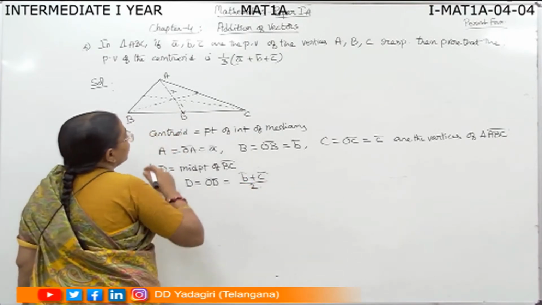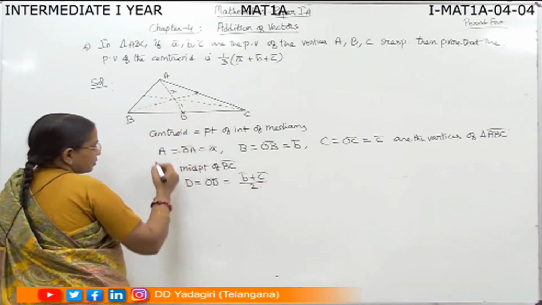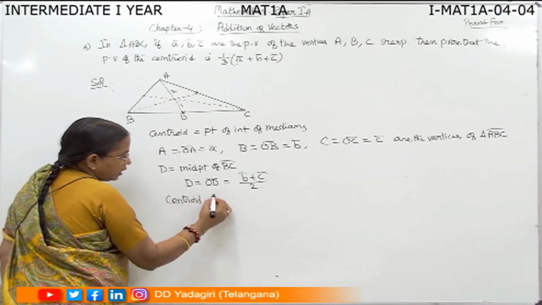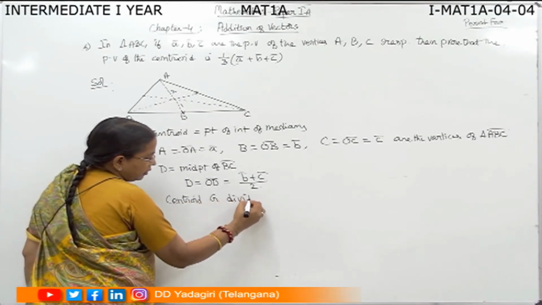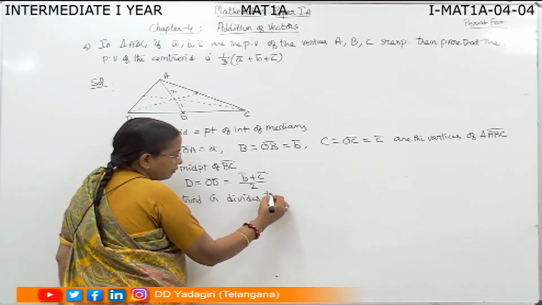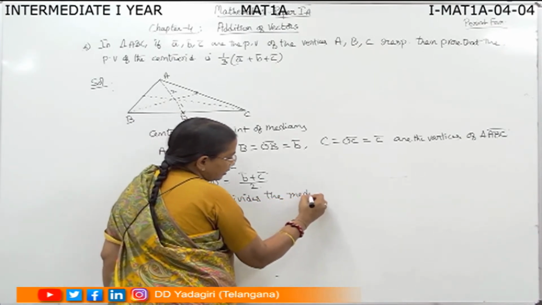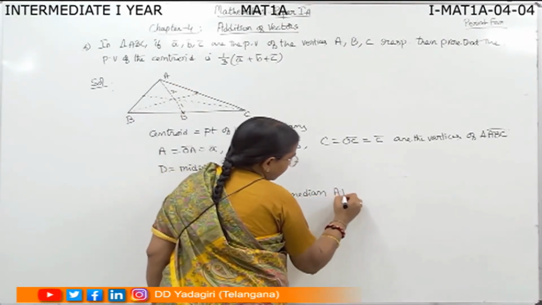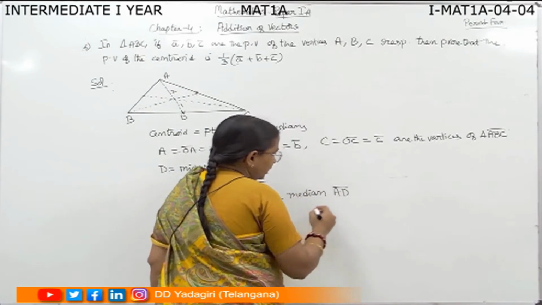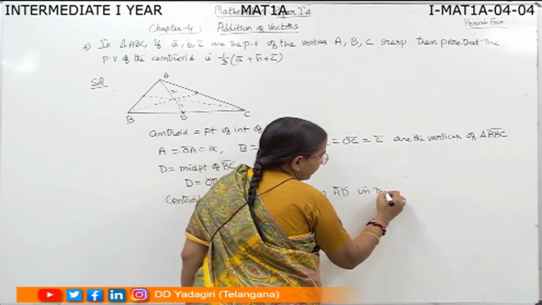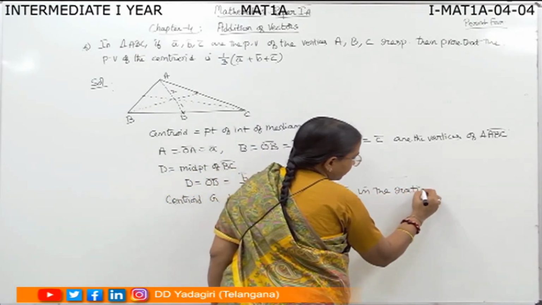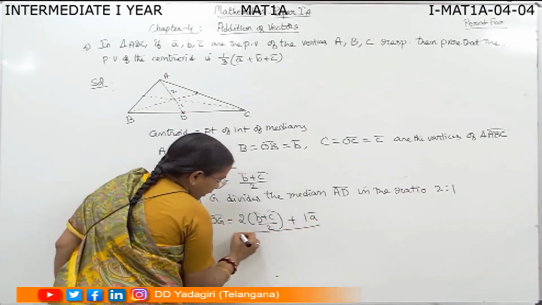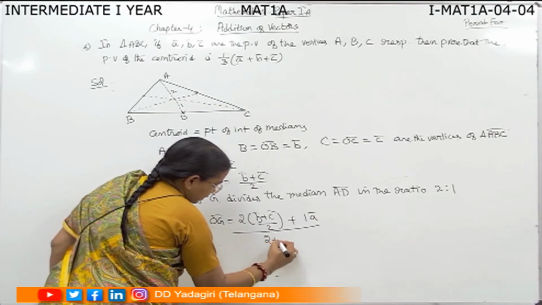Now suppose that the centroid is G. So the centroid G divides the median AD, any median you can take, so we'll take the median AD, in the ratio 2:1.